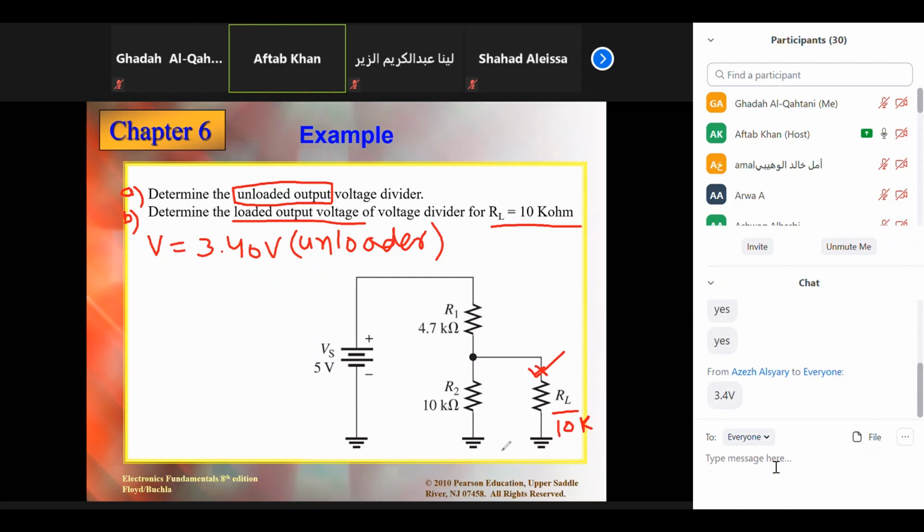This time the current is splitting because it is a combination circuit, so the R2 and RL currents will be different. So the overall voltage we find by the combination of that. First we need to find the parallel combination of R2 and RL, then apply the voltage divider formula again, as I explained earlier.